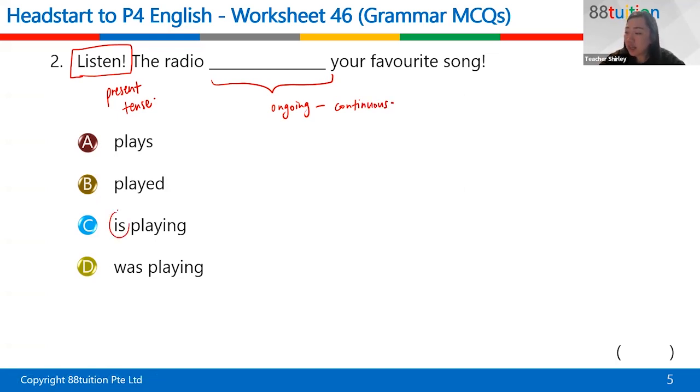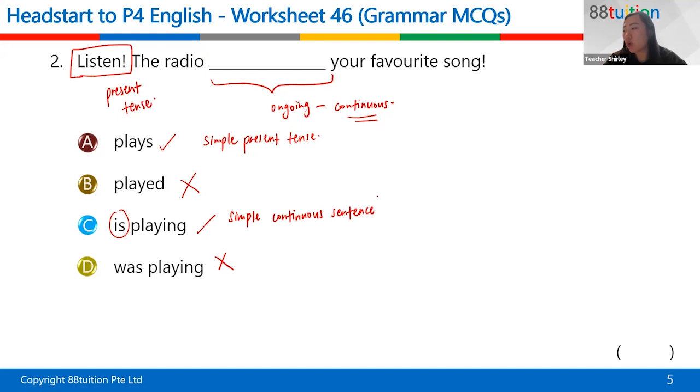So present tense, this is present, this is past tense, so these are out. This one is simple present tense. Then we have present continuous tense. So it has to be continuous because it is still playing, it's ongoing. Therefore, this is out and the answer is C. Very good. I think your tenses are quite okay. Any questions for this?